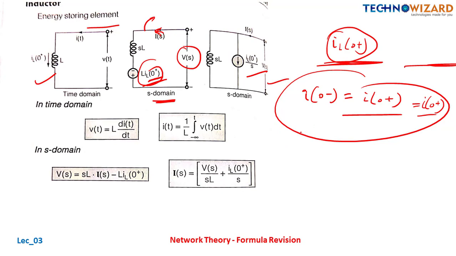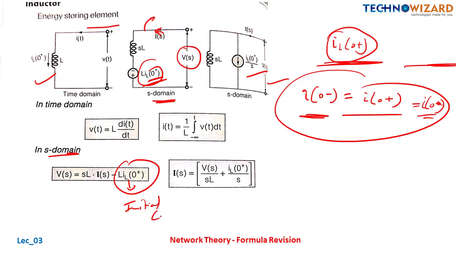At that instant, the current before switching and the current after switching will be equal. Remember, I0 minus is equal to I0 plus is equal to I0.